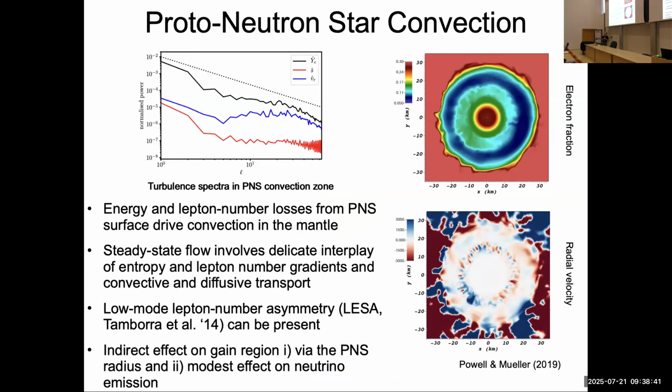Its effect on the heating conditions, on the dynamics, is a little more subtle. What it does is it modifies the neutrino emission a bit. It modifies effectively the boundary conditions of the region below the heating region a bit by affecting the neutron star radius.